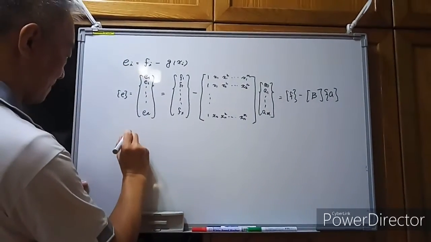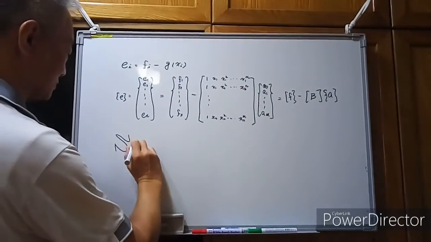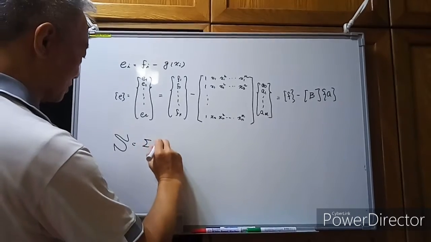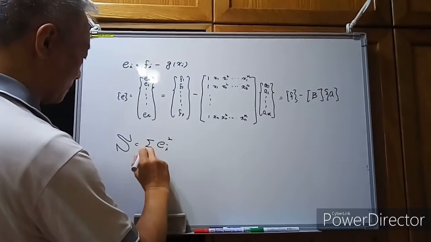And what is the capital S? Capital S is equal to the summation of ei squared.